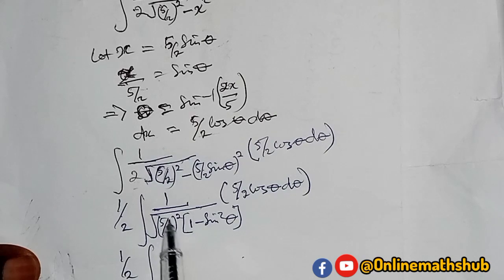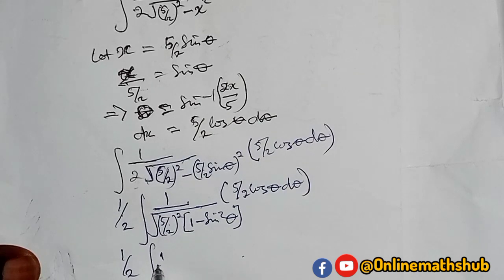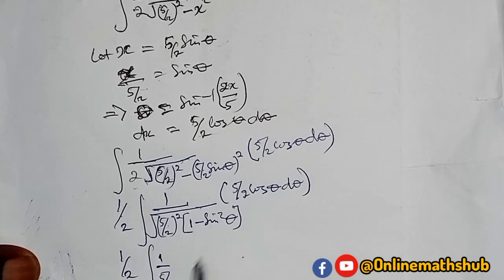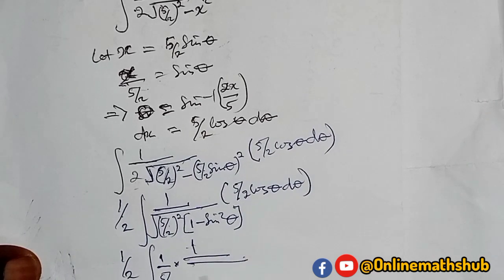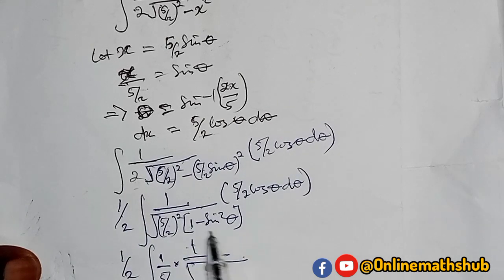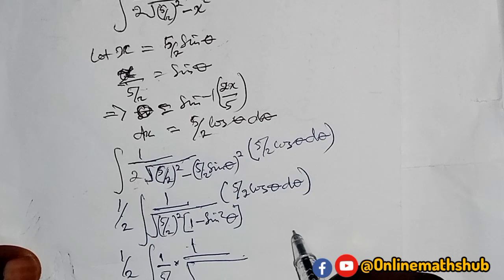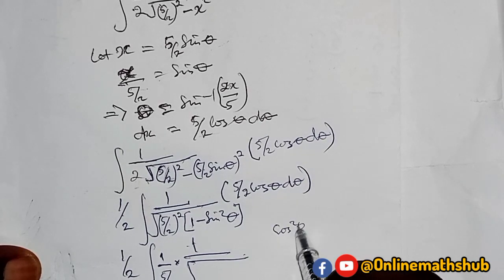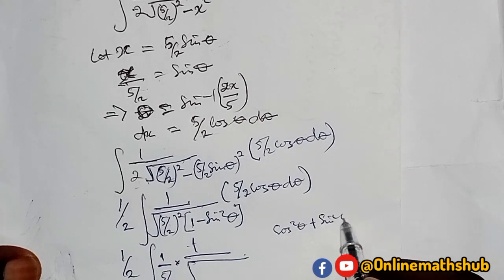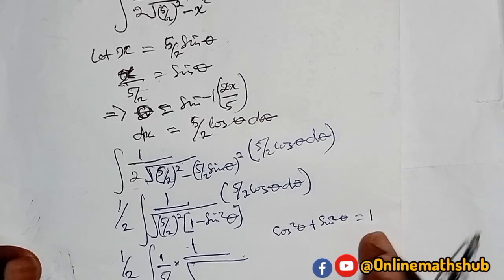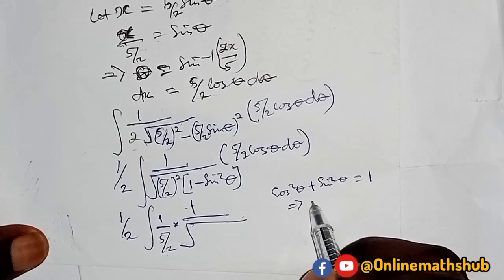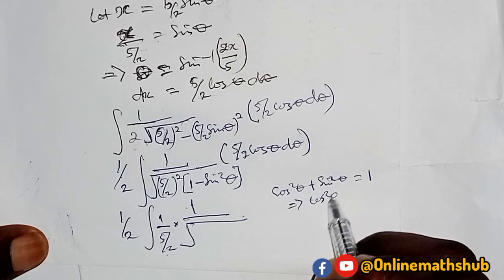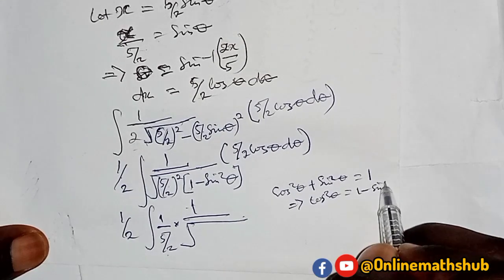If I take the square root of this, I have 1 over 5 over 2 multiplied by 1 over the square root of, if you remember the relation that cos squared theta plus sine squared theta is equal to 1, which implies that cos squared theta is equal to 1 minus sine squared theta.